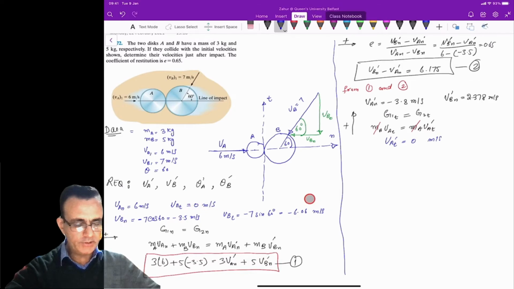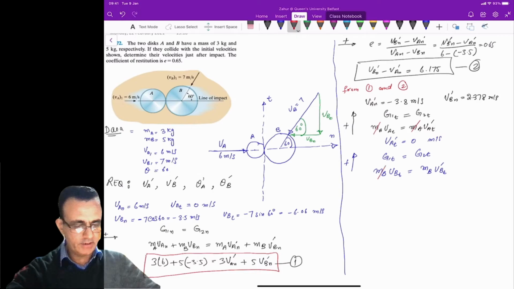And now we need to calculate for the second particle, where again G1t will be equal to G2t. G1t is before impact and G2t is after impact. So mB VBt equals mB VBt'.